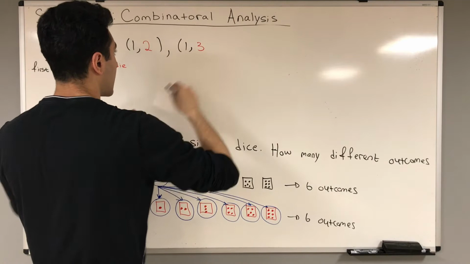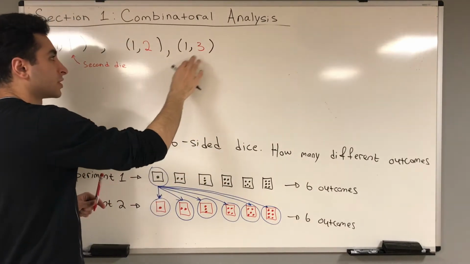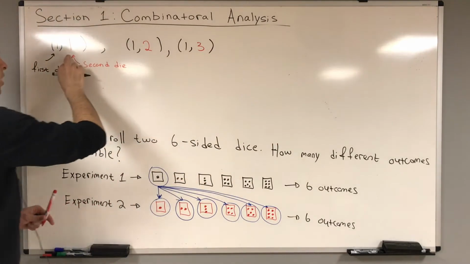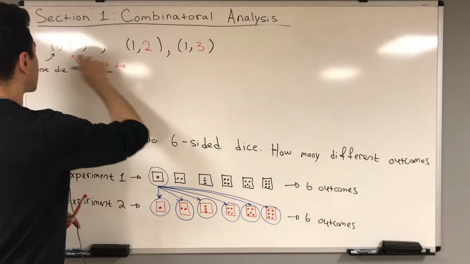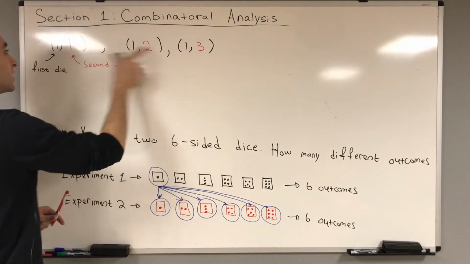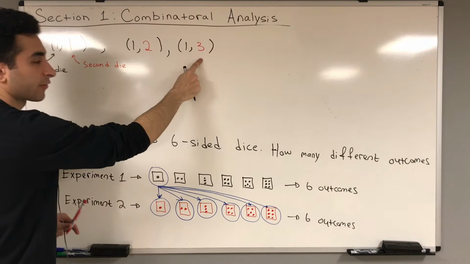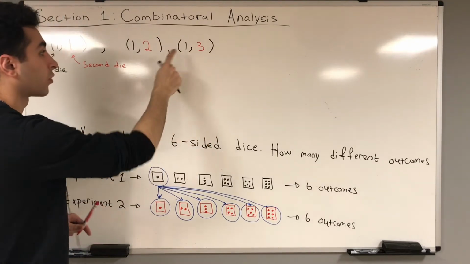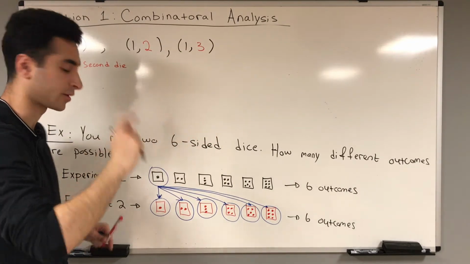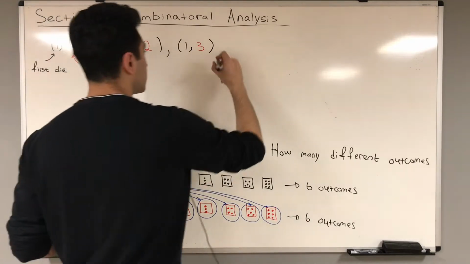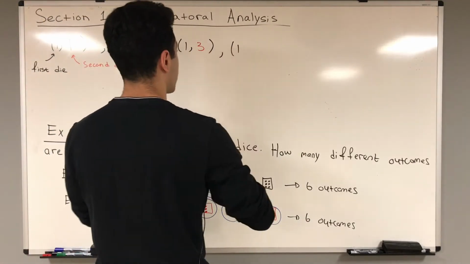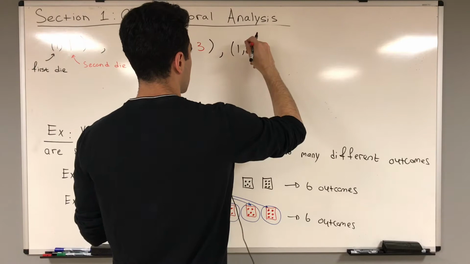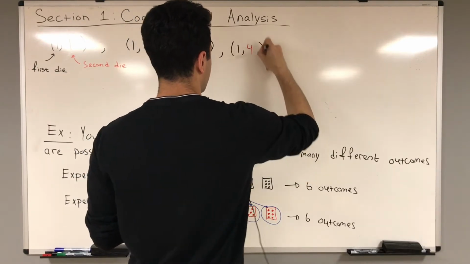Notice how this is creating different outcomes when you roll a 1 on your first, because the second number in your ordered pair is different. You have a 1 here, you have a 2 here, and you have a 3 here. These are all different outcomes for when you roll a 1 on your first die. So we continue this, and I'll just write out the numbers. 4, right?